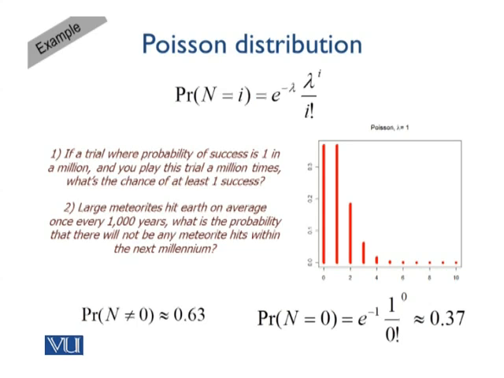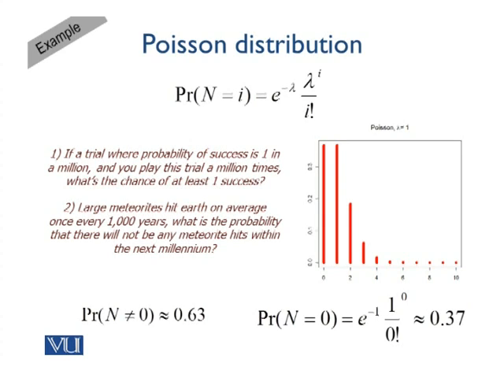We are left with e raised to minus 1, which is equal to 0.37. So every time your average rate, or lambda, is 1 and you are interested in finding the probability of having 0 events, you would get this value.